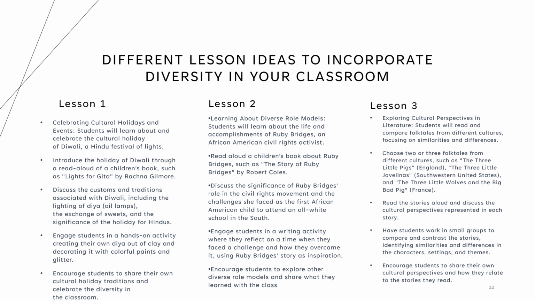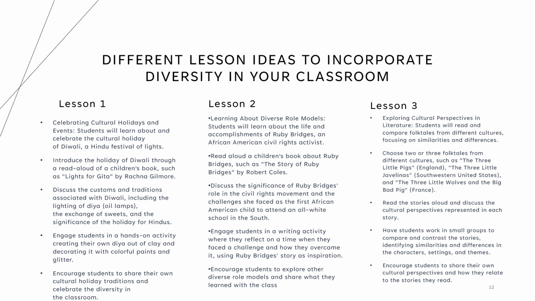Lesson 3 is about exploring cultural perspectives and literature. Students will read aloud and compare folk tales from different cultures. One that I want to focus on is the Three Little Pigs, which originated in England. There's also the Three Little Javelinas from the southwestern United States, and the Three Little Wolves and the Big Bad Pig from France.